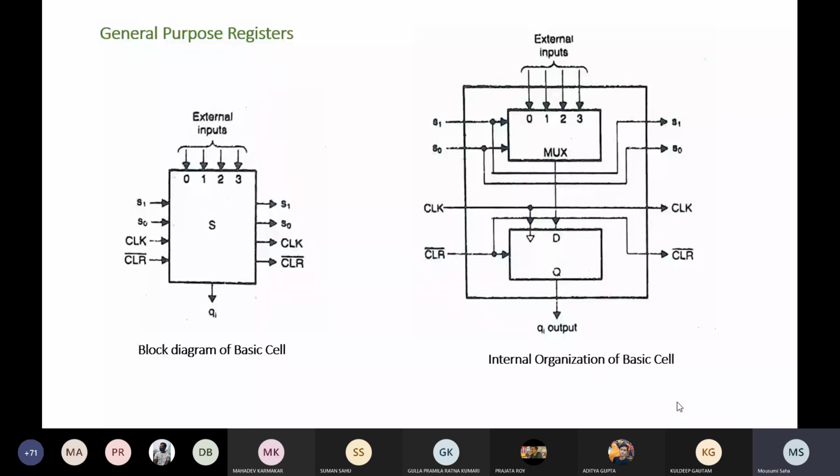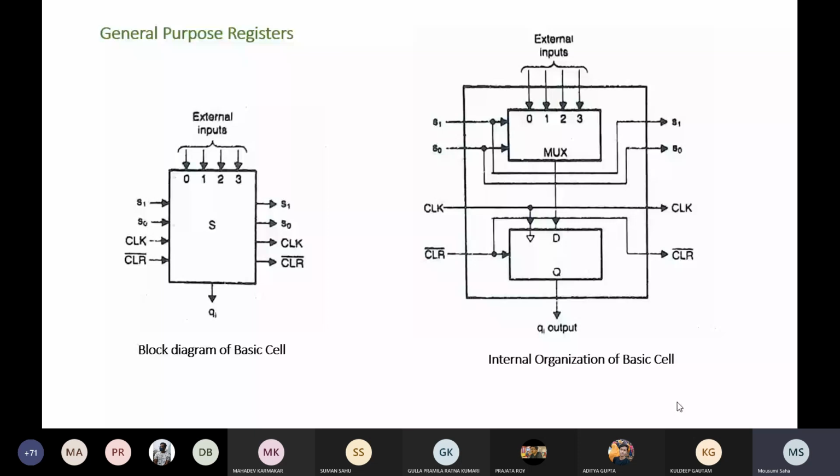It acts just like a switch. Okay, now when S1 S0 is 0 1, line 1 will be connected to the output line of the mux, and whatever the content of line 1, that will be transmitted to the output line of the mux. Same for line 2 and line 3.